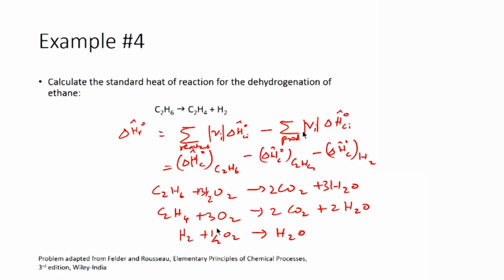To get the final equation, we have C2H6 on the reactant side, so you can take reaction 1 as such. In the second equation, we have C2H4 on the product side, so we will multiply this by minus 1, and the other one we will again multiply by minus 1, so that the hydrogen goes to the product side.